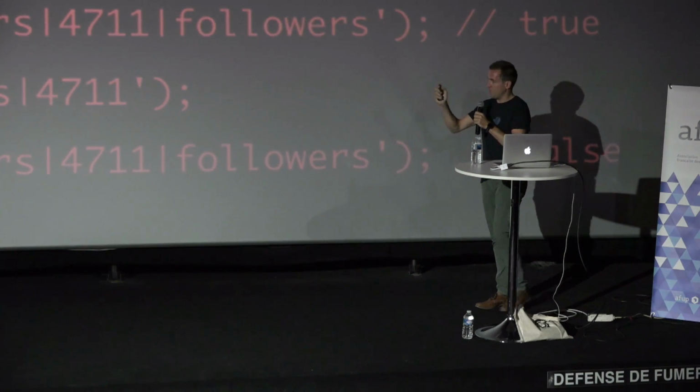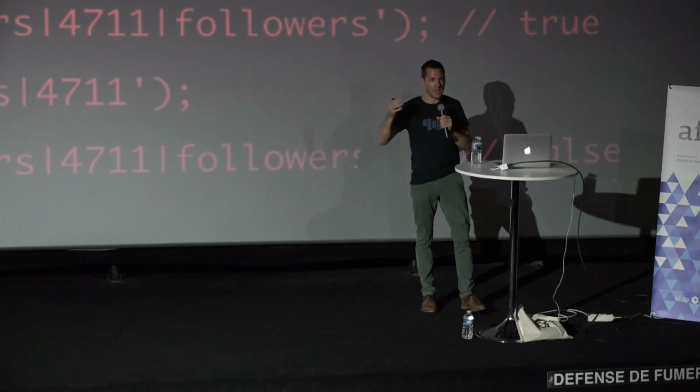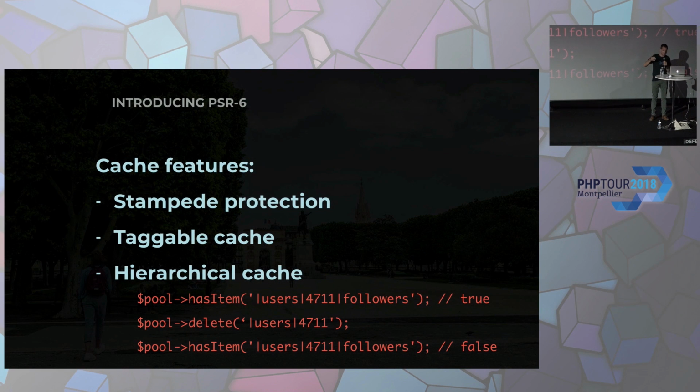You can set an item with a key, for example users|4711, and add multiple levels after that, and say, I want to invalidate everything that starts with users|4711. So users|4711|followers, users|4711|likes, and everything that's under that hierarchical key, you can invalidate in one go.